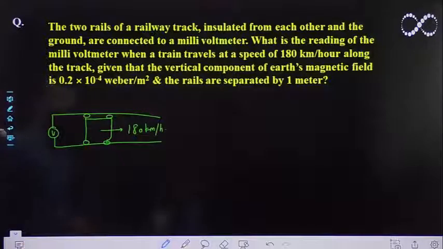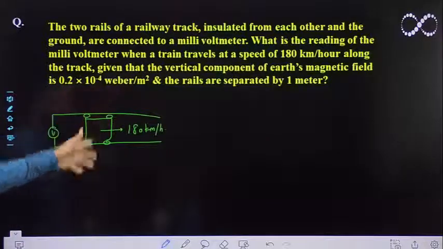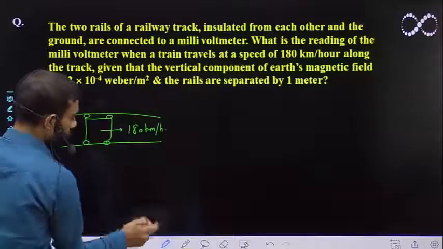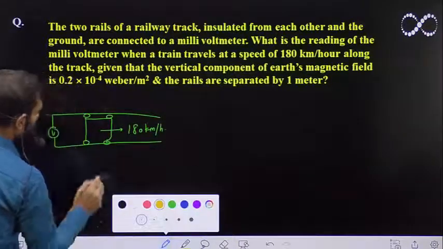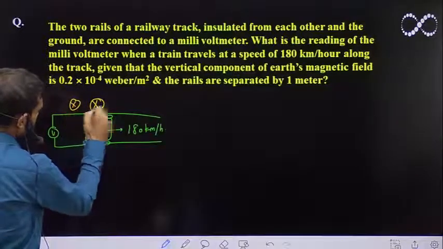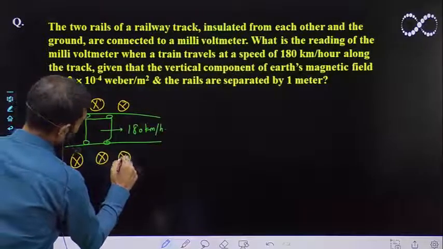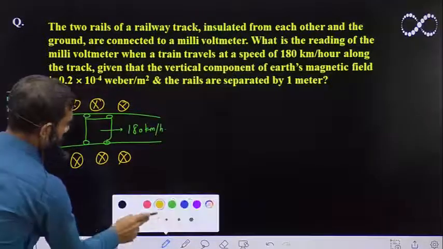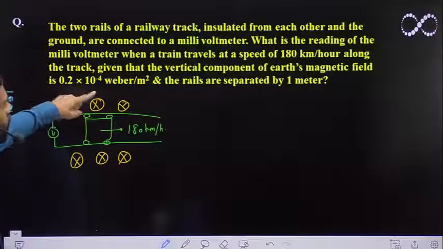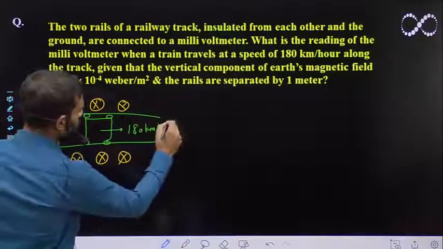Along the track, the vertical component of Earth's magnetic field is given, so the perpendicular magnetic field is given in the question. It also gives the rails separated by 1 meter. So this distance is given 1 meter here.